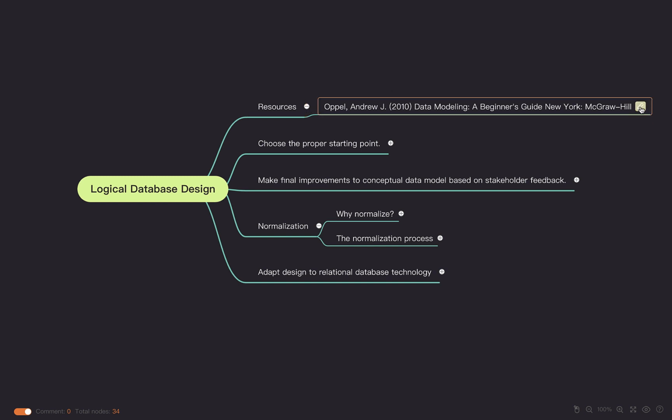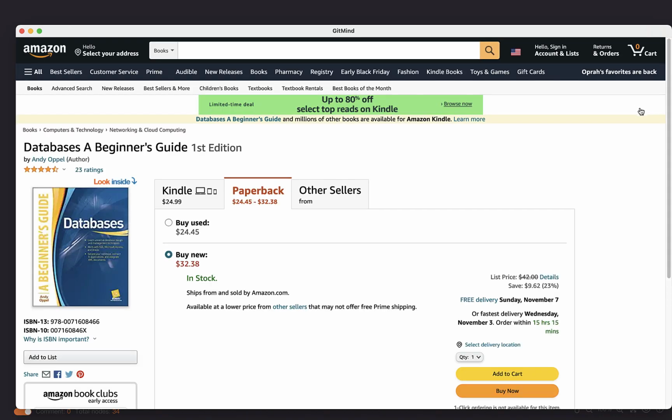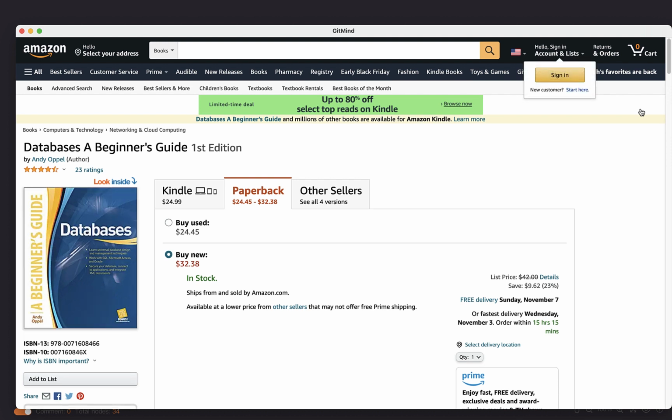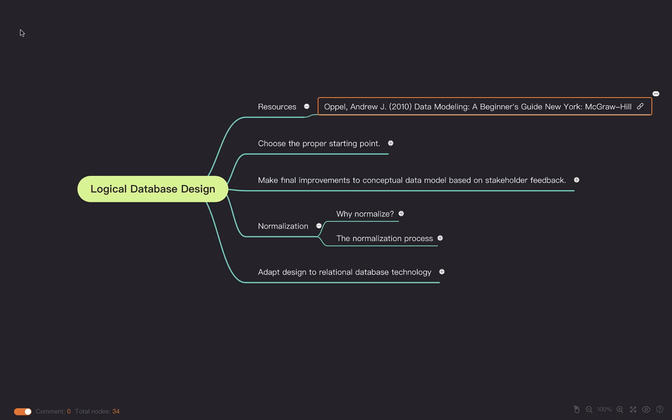And I'll just click through to the Amazon listing for the book, and you can buy a new paperback copy of it for less than $33. A good deal and a good book if you don't already have it. I've relied primarily on the content from chapter 6 of the Oppel book.